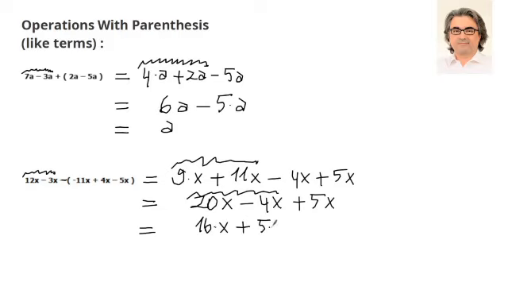Plus 5 times x. And finally, 16x plus 5x. It's 16 plus 5, it's 21 times x.